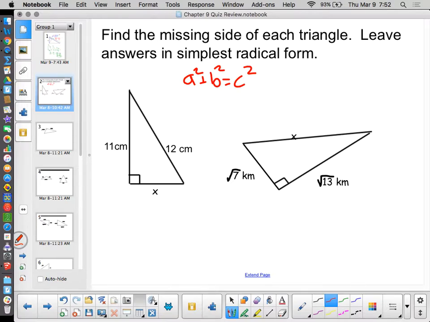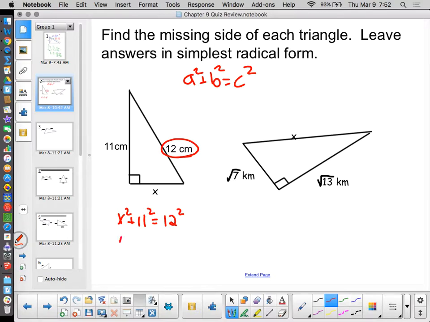So here, where's the hypotenuse of this right triangle? You usually want to find that first. In fact, I often will circle it. There's my hypotenuse, so I know that's the one that goes by itself. So it's going to be x squared plus 11 squared equals 12 squared. And I usually try, in my own mind, to go smallest to largest. But if I switch these two, it's not going to make a difference.